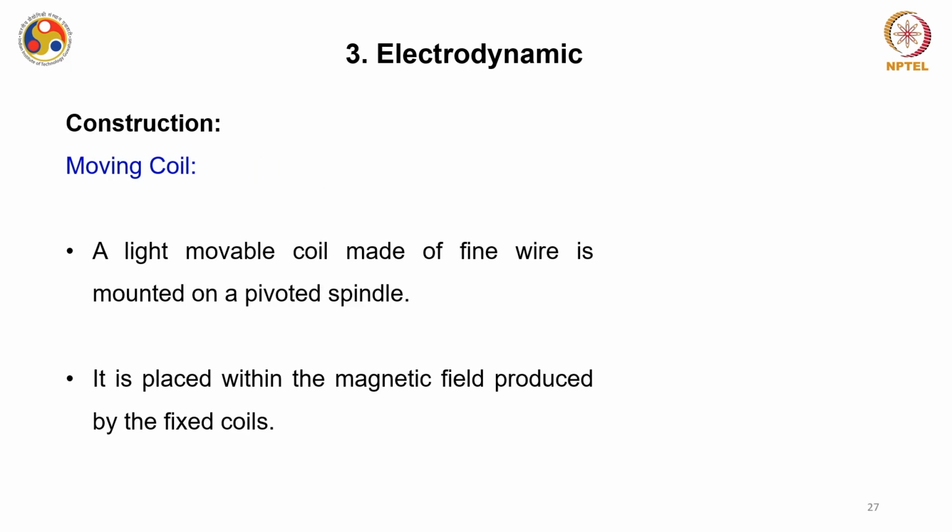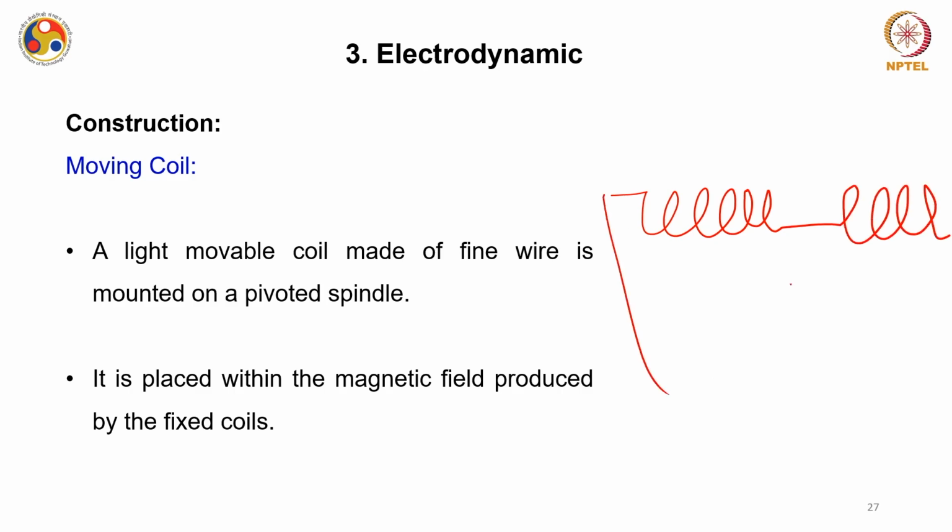Now a light movable coil made up of a fine wire is mounted on a pivoted spindle. For the time being, let us consider that you have this fixed coil, and this is the moving coil. So this is coil 1, coil 2 and the moving coil.